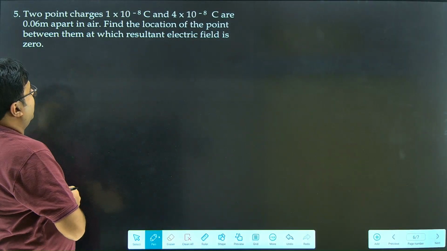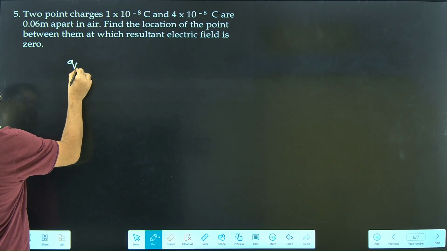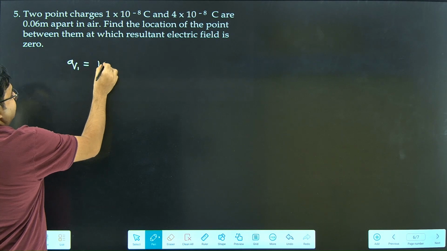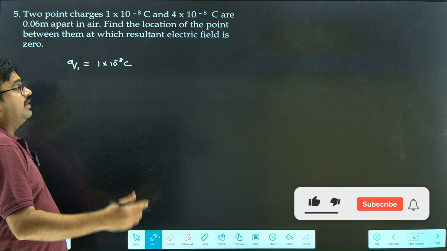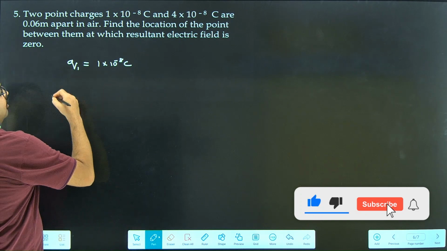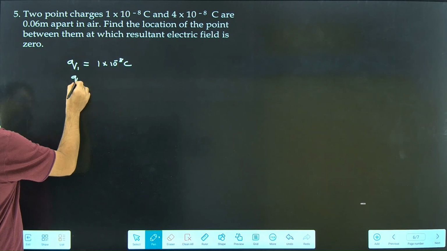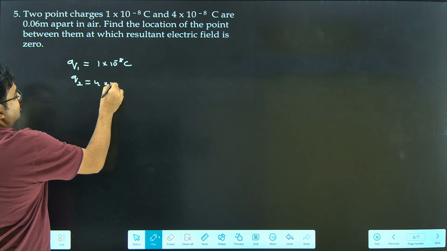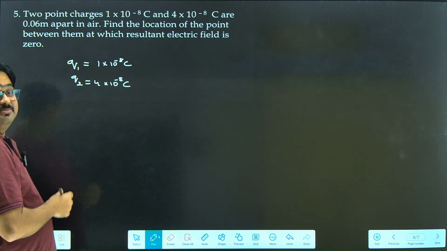Two point charges, 1 into 10 to the power of minus 8 coulomb. So the first charge given to us is Q1, 1 into 10 to the power of minus 8 coulomb, and Q2 is 4 into 10 to the power of minus 8 coulomb, are 0.06 meter apart.